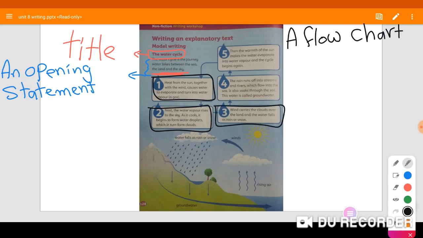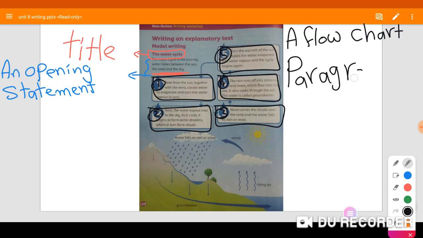Each square has only one idea, and we have numbers and arrows in order to know where I should start. Also it will be correct if you present your explanatory text in paragraphs. Both will be correct, to write in a flowchart or to present them in paragraphs. Both will be correct.